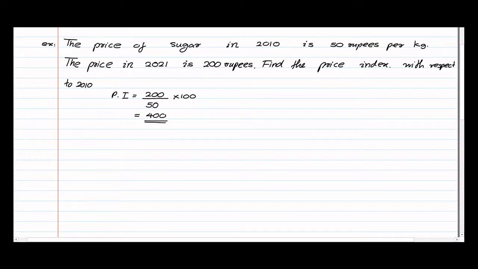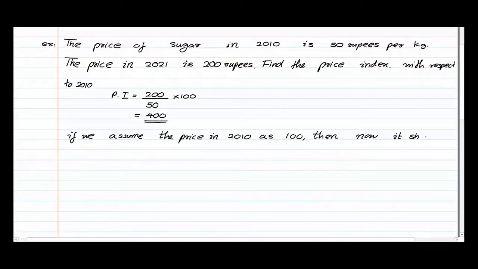So we get an index of 400. The idea is, if we assume the 2010 value is 100, now it is 400. We compare those values with respect to a particular year, which we call the base year. Comparing things to a base year price, sometimes quantity, is called an index. Here we calculate indexes relative to a particular year. So what do you mean by that 400? It means the price is compared to 2010.